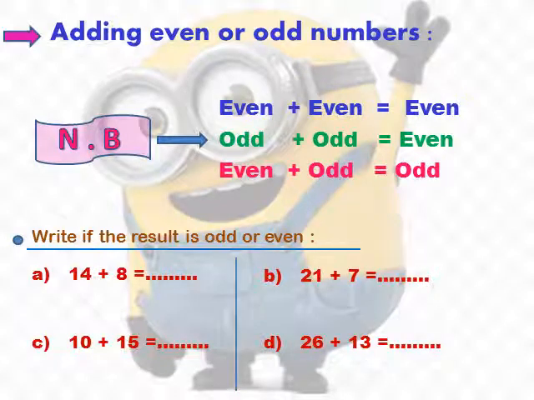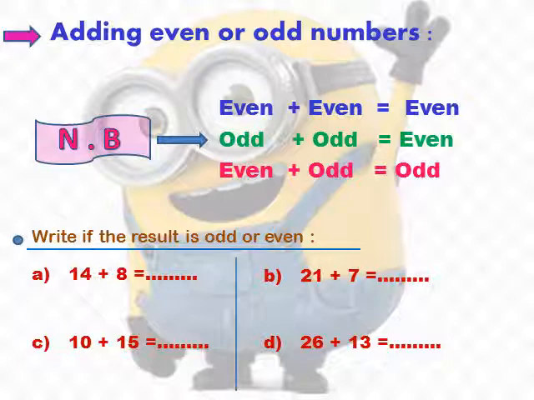That means when I add two even numbers, my answer is going to be an even number, or my sum is going to be an even number. And when I add odd plus odd, my answer also is going to be what? An even number. But if I add one even number plus an odd number, my answer, or the sum, is going to be what? An odd number.